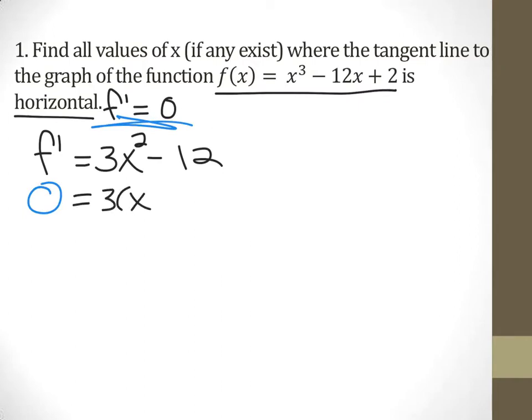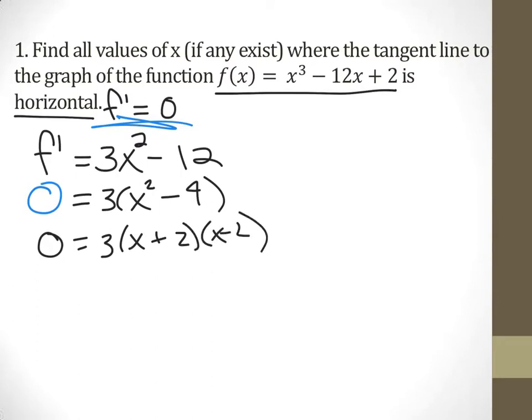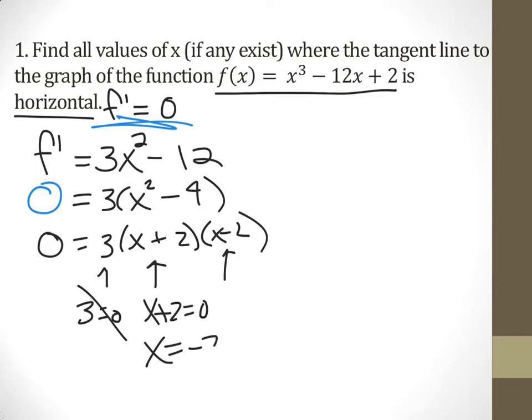Go ahead and factor that 3 out. Well, that is the difference of two squares, x plus 2 times x minus 2. So that gives us, by the zero property, you set each factor equal to 0. This one, 3 equals 0, is never true. This one, x plus 2 equals 0, gives you x equals negative 2. And this one, x minus 2 equals 0, gives you x equals 2.